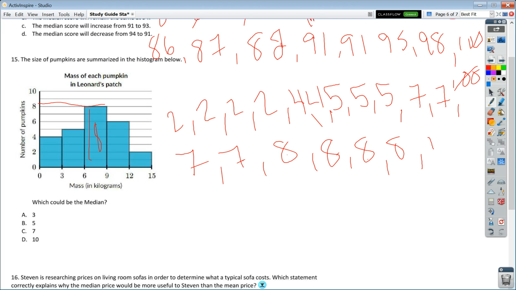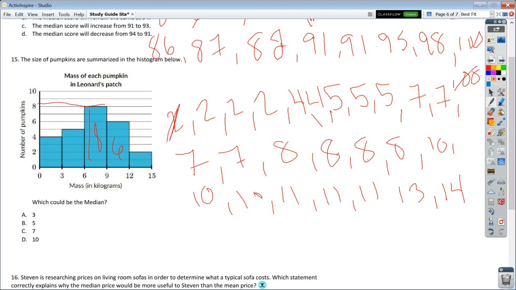I had 10, 10, 10, 11, 11, 11. So that's 6 of these. And then I have, say, 12, 13, 14.